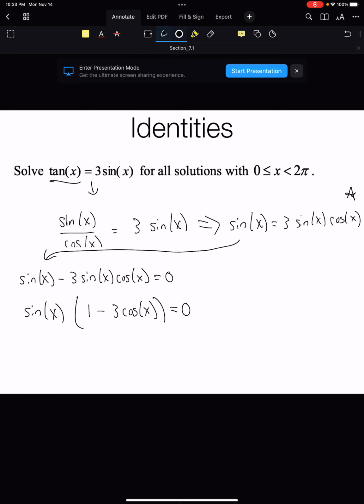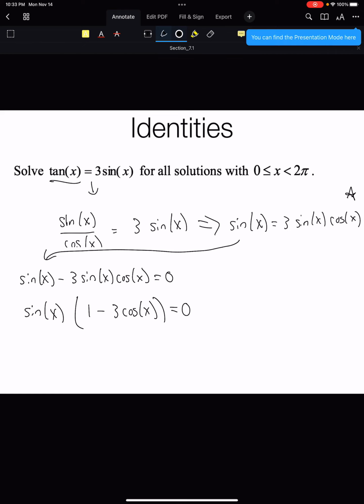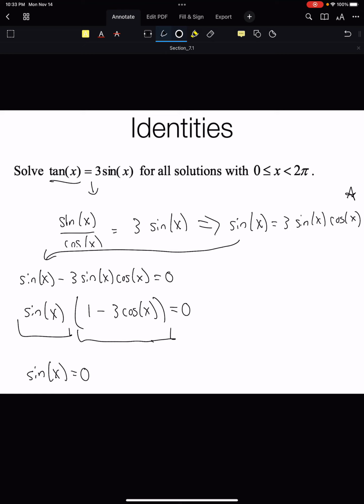And now we have our situation which we were dealing with mostly in class, which is something times something equals 0. So either the first thing is equal to 0 or the second thing is equal to 0. And so that's what we're going to go with.